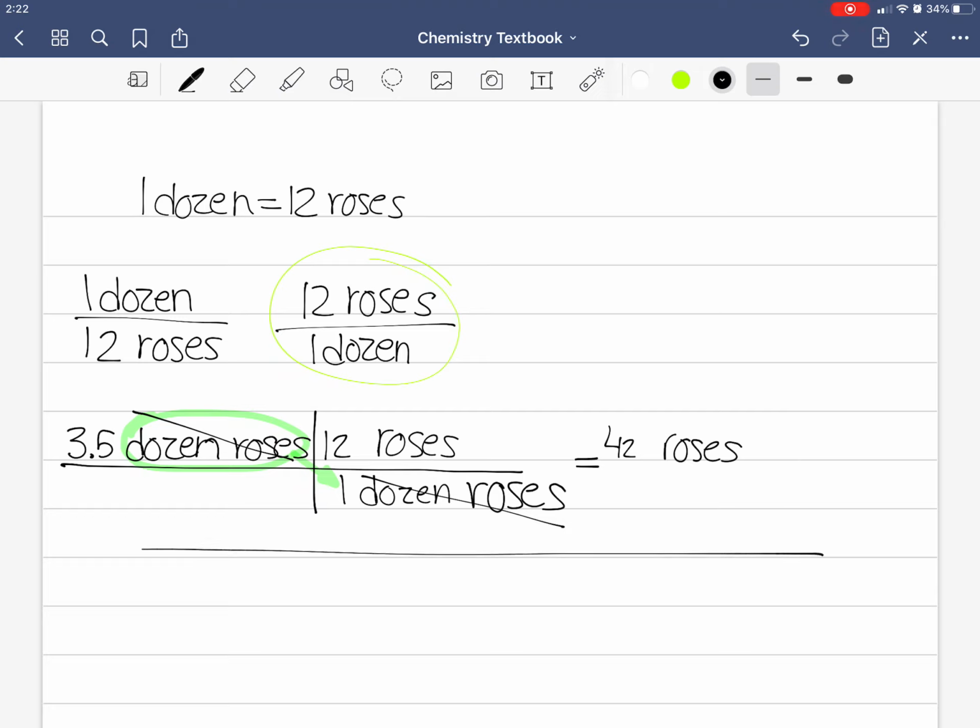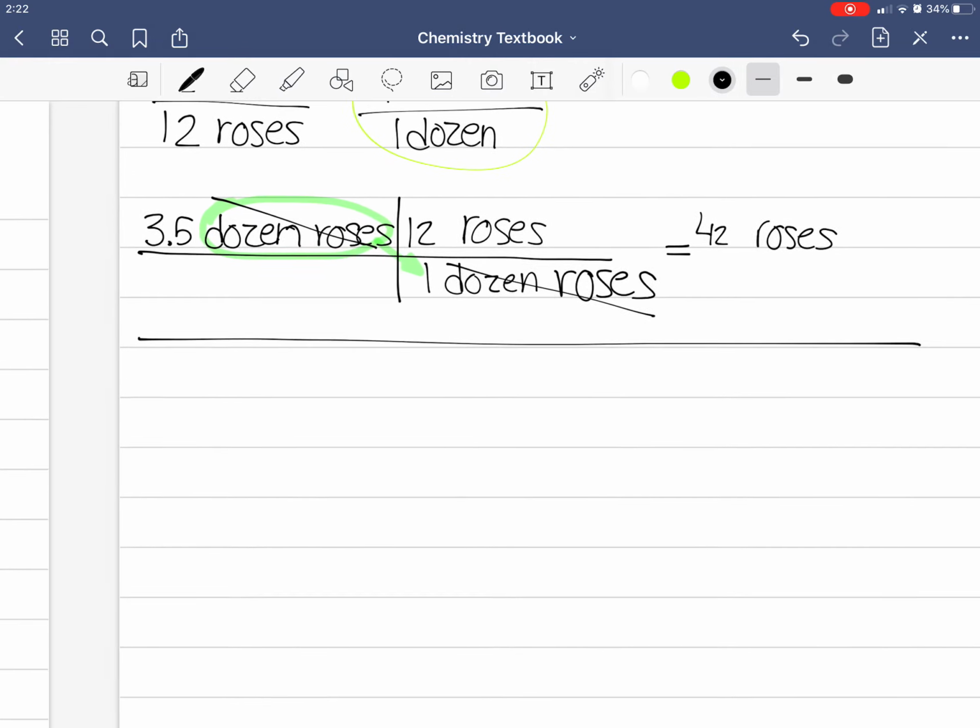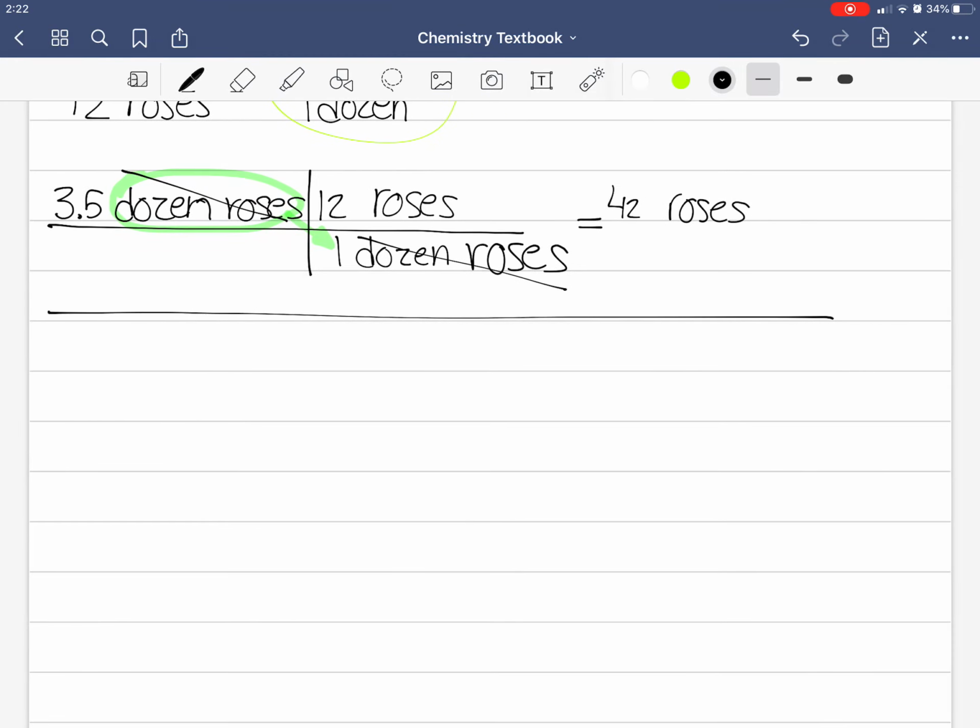So now how would we do that with molecules or Avogadro's number? So let's look at that. Let's start out with Avogadro's number. So 1 mole of representative particles is equal to Avogadro's number.